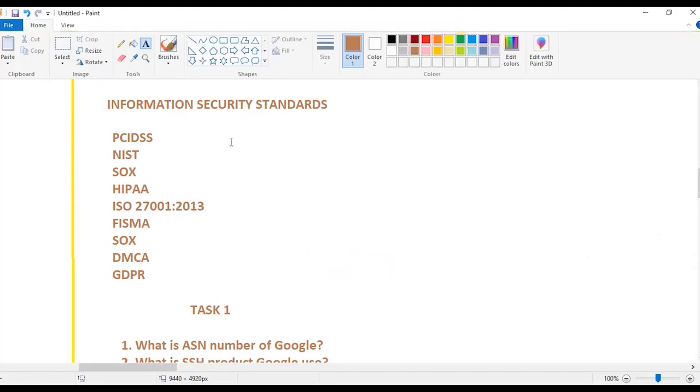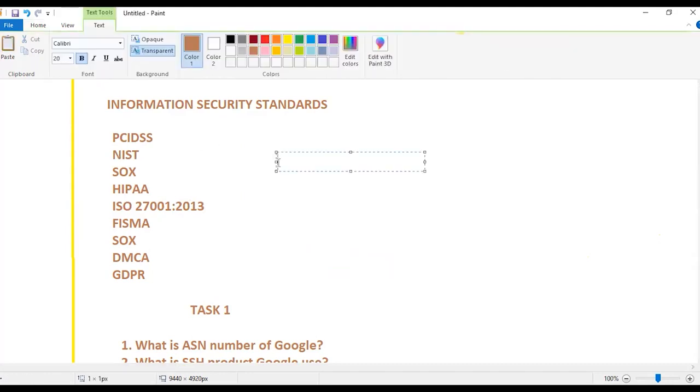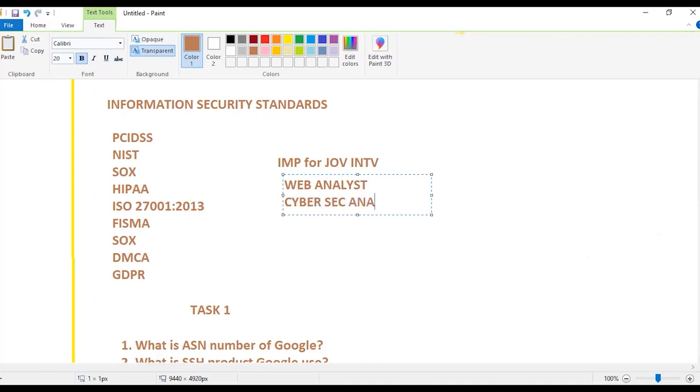These are important for cloud engineering and for job interviews when you're applying for web analyst or cybersecurity analyst. When you're applying for such job roles, it is really important and mandatory to know about all these information security standards.